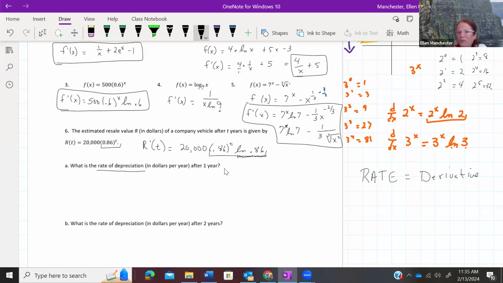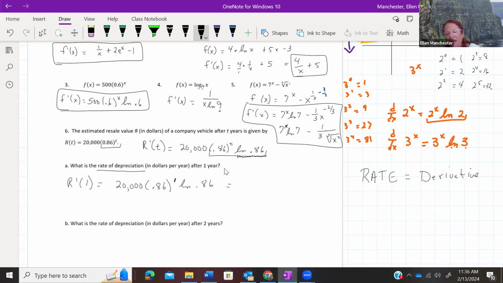Okay, so now we can use this. This is our derivative. Now we're going to find out, all right, how much does our vehicle depreciate after 1 year? So the depreciation after 1 year, so notice I'm taking the t out and I'm plugging in 1. So this is actually telling you what to do. I take the t out, I plug in 1, and then I calculate.